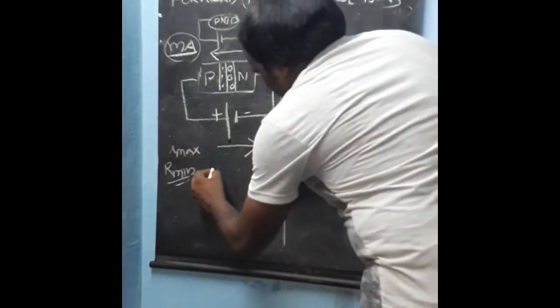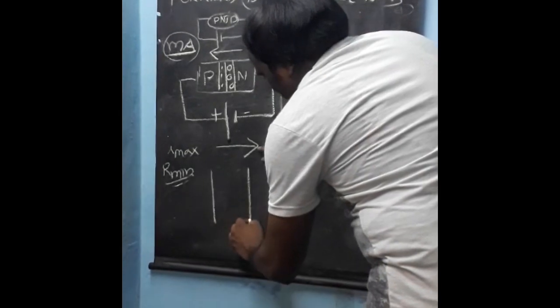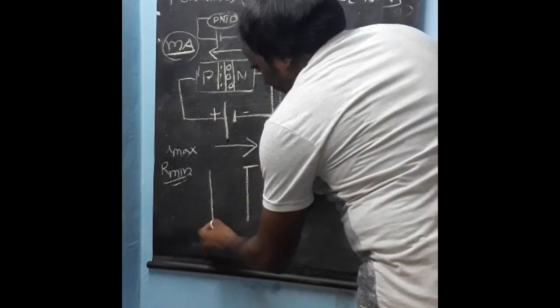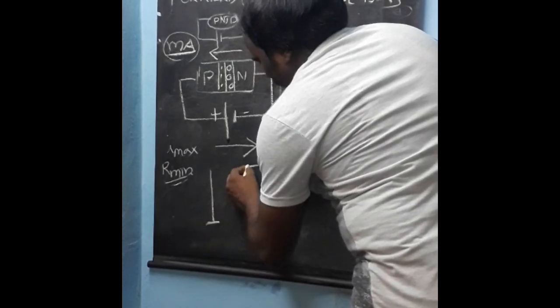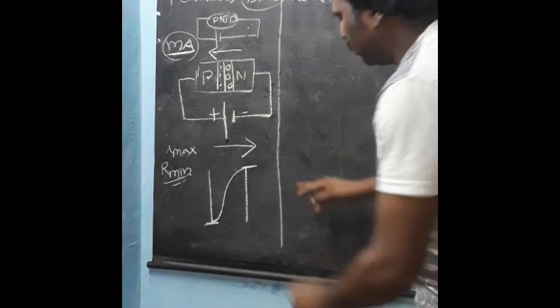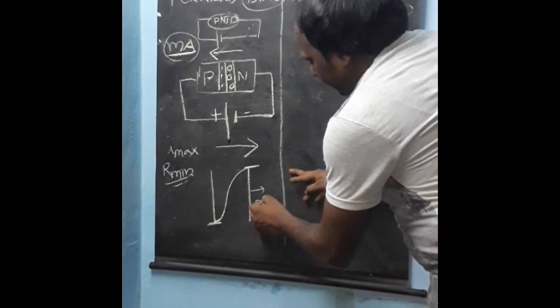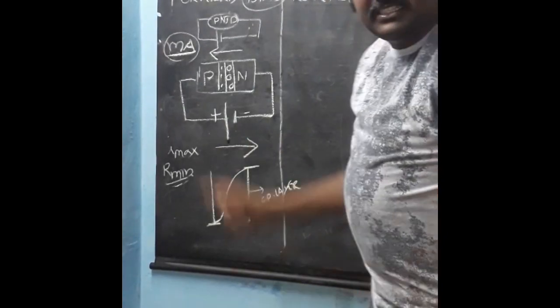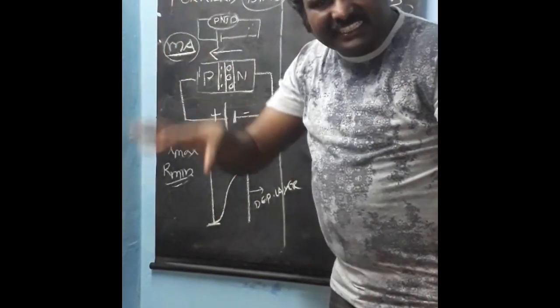If you look at the diagram of the depletion layer, this is the depletion layer, this is higher potential, this is lower potential. So the diagram will be in such a way due to the depletion layer. But the electric field decreases.